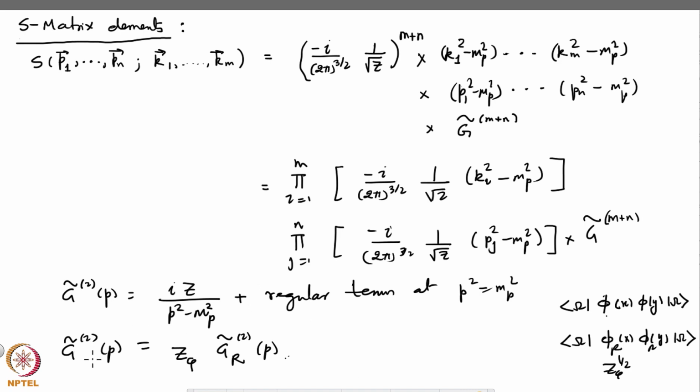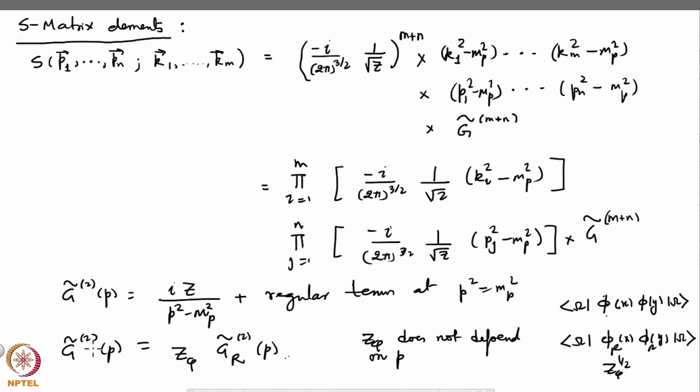Also note that Z phi is a constant. This renormalization constant is really a constant; it does not depend on p or p square. So the pole structure: the left hand side is a function of p, the right hand side is a function of p, and this factor is a constant, carrying no p dependence. I know the left hand side has a pole at the physical mass, of the form 1 over p square minus mp square.